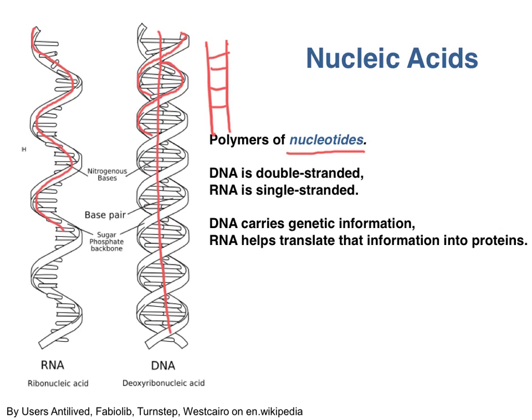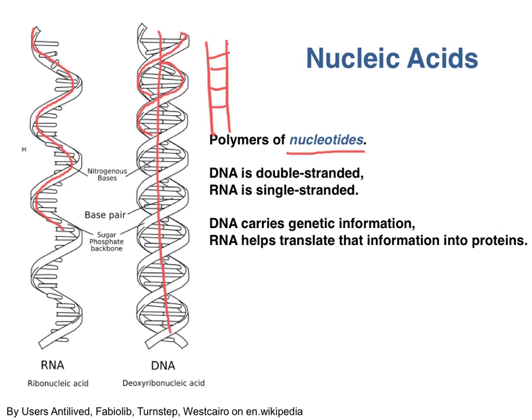DNA and RNA also differ in function. DNA carries the genetic information from generation to generation, so you share half your DNA with your biological mother, and half your DNA with your biological father. Kind of an amalgam of the two because you got DNA from both parents.